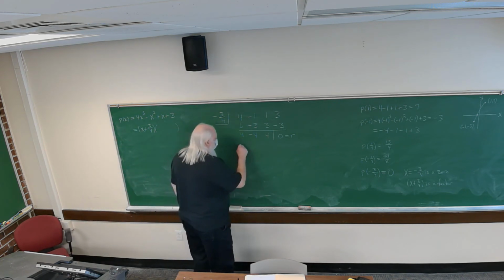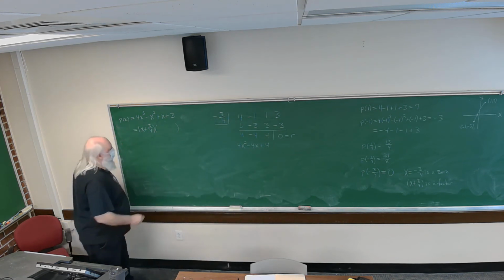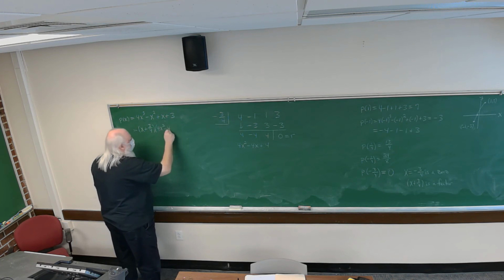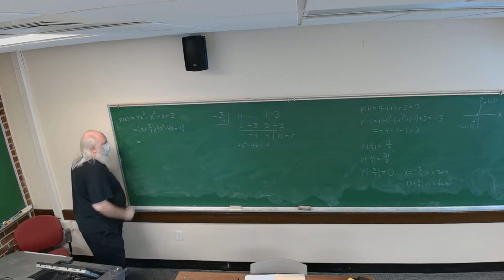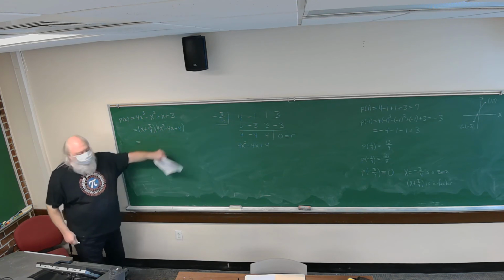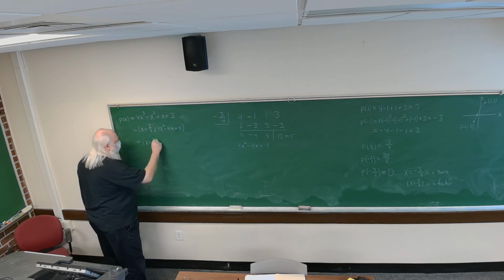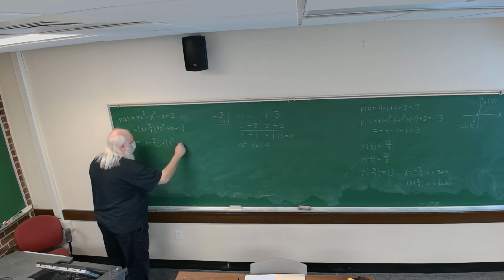So our quotient, 4x squared minus 4x plus 4. So that's the unknown quadratic that goes in parentheses here. Well, can anything be factored out of this? What can be factored out of this? 4. So we have x plus 3/4 times 4 and x squared minus x plus 1.